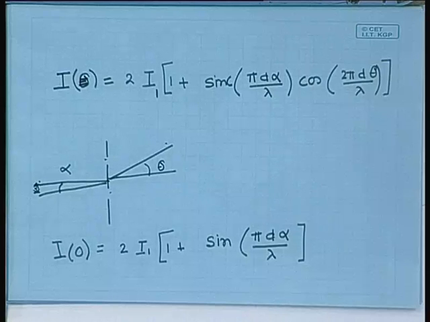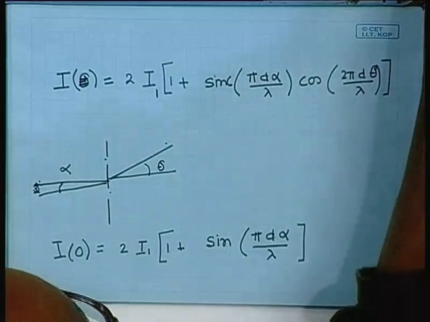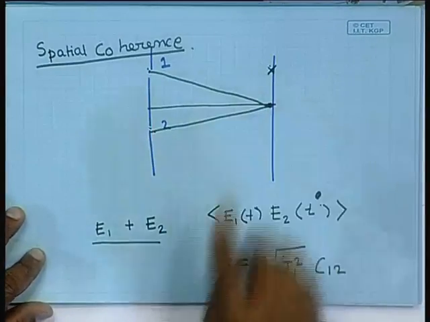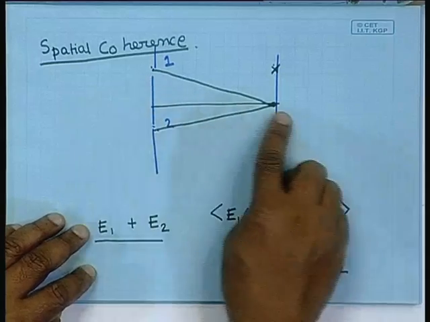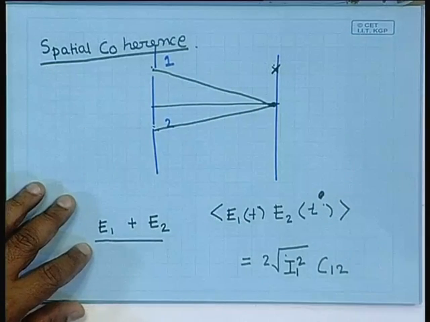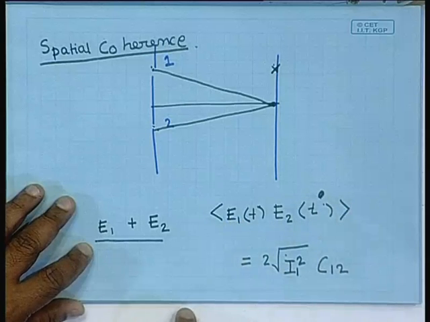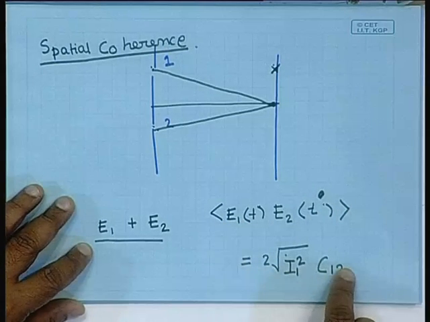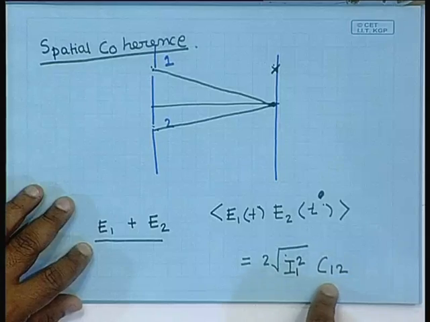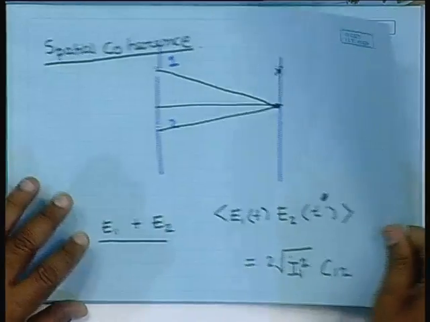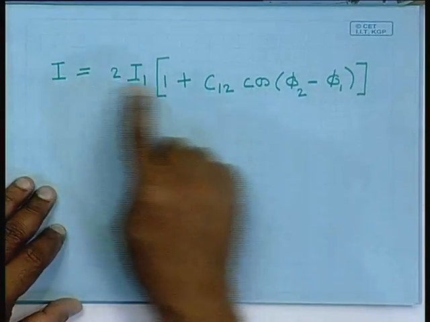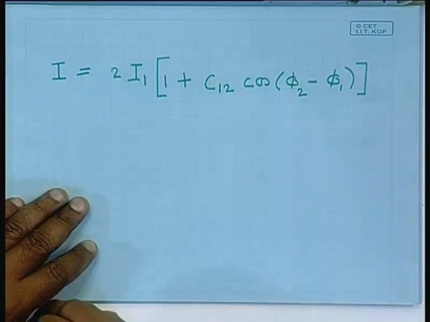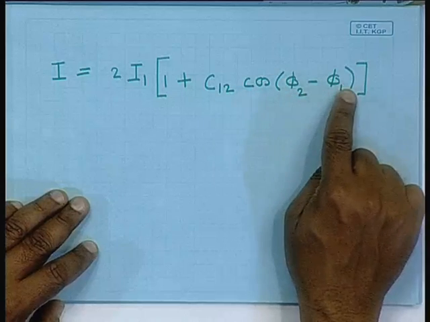And I have told you that at theta equal to 0, that is at the central point, the term responsible for the interference in this Young's double slit experiment is essentially measuring the spatial coherence. So for partially coherent light, let me go back to the expression. This is the expression for the intensity. Phi 2 minus phi 1 is the phase difference between the two waves.